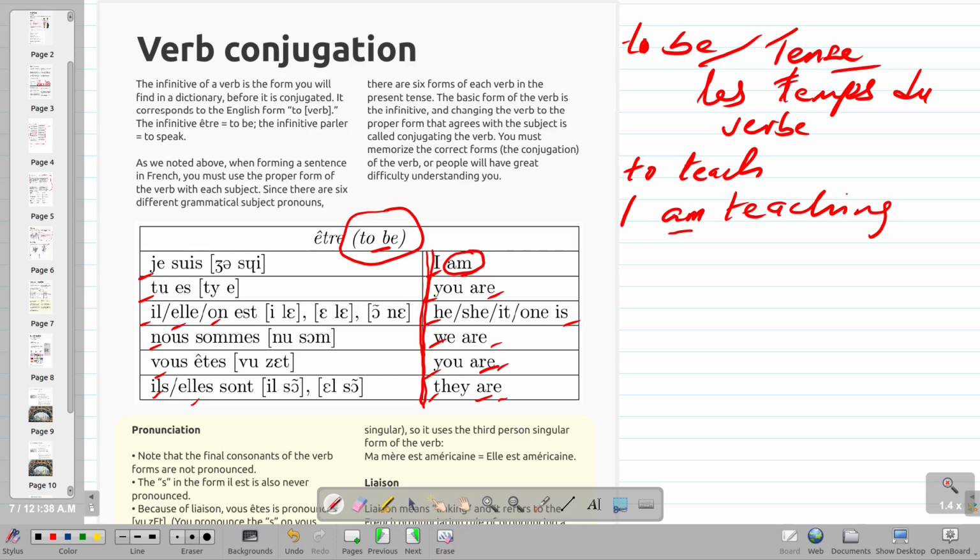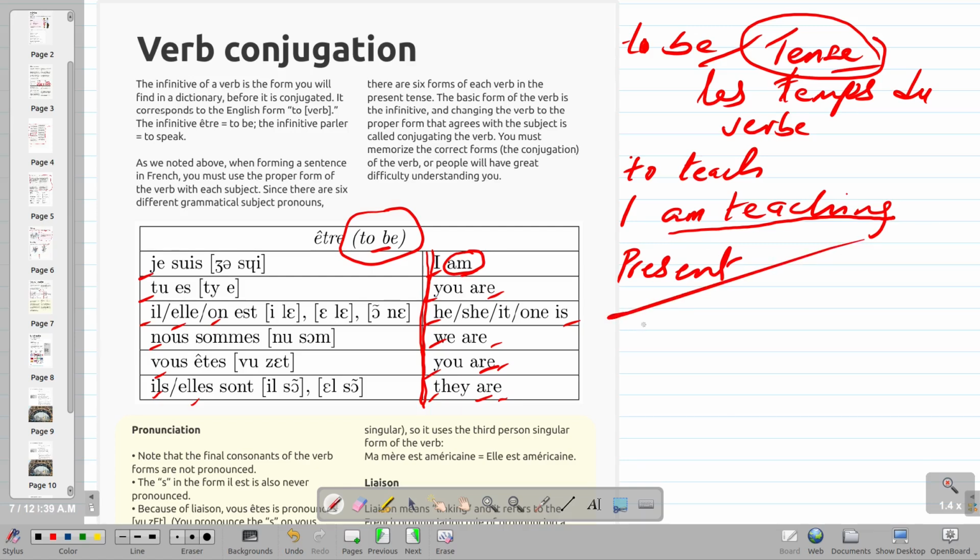So I'm teaching is a conjugated form of the verb to teach, but it is conjugated into a tense, a verb time, and that tense is present. So you have different tenses. That's actually what I'm trying to say here.